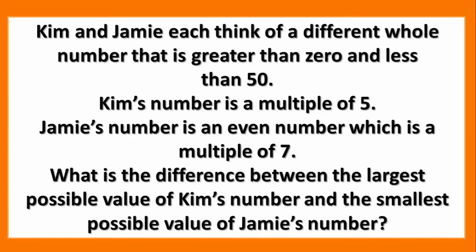Okay, let's understand the question first. Kim and Jamie each think of a different whole number greater than 0 and less than 50. It means Kim and Jamie have to select two whole numbers between 0 and 50. Kim's number is a multiple of 5.